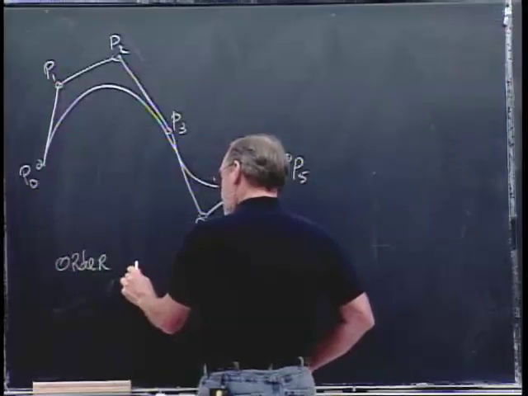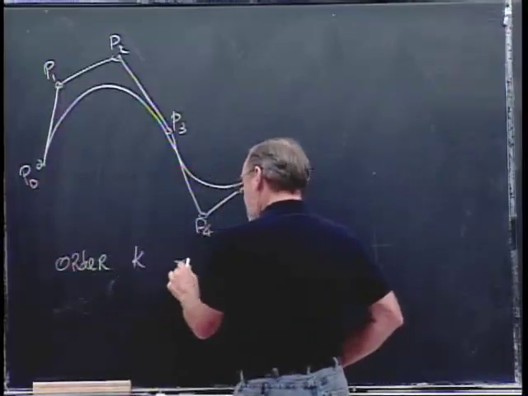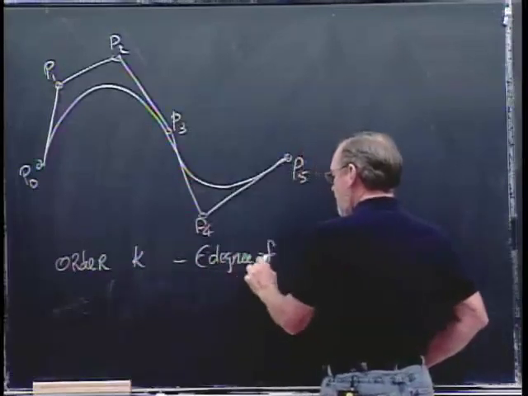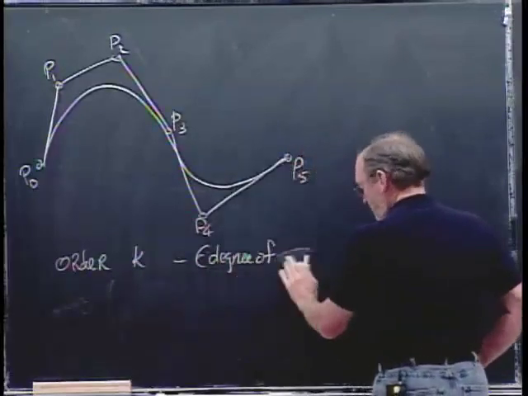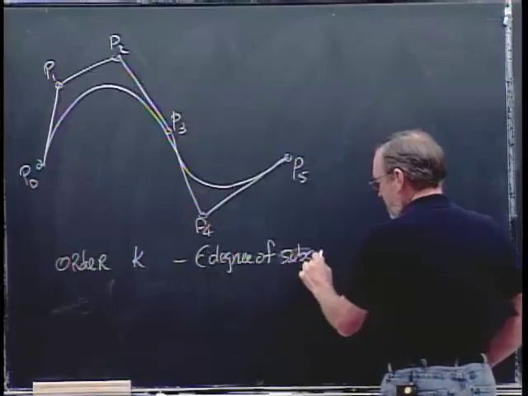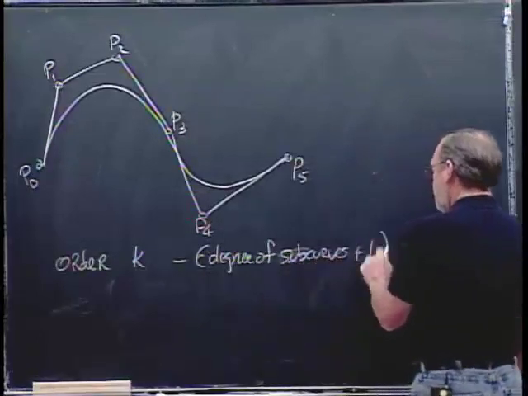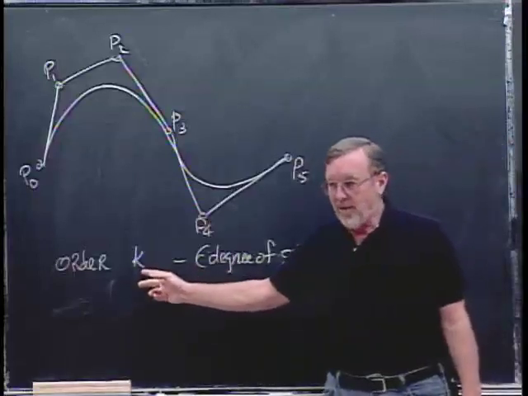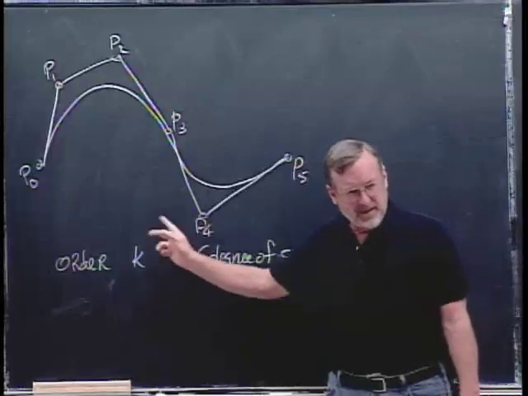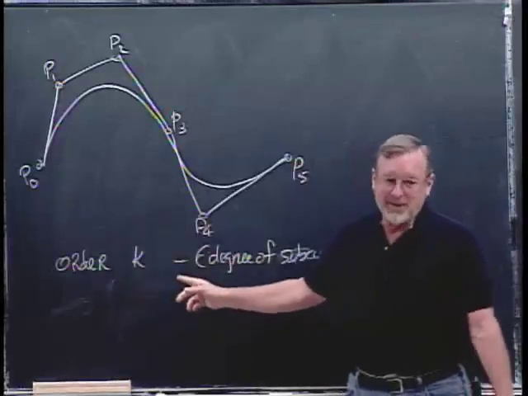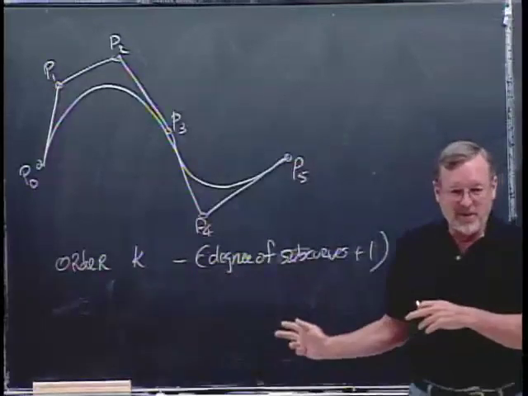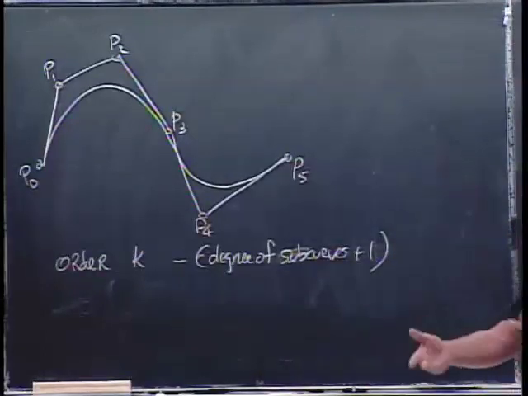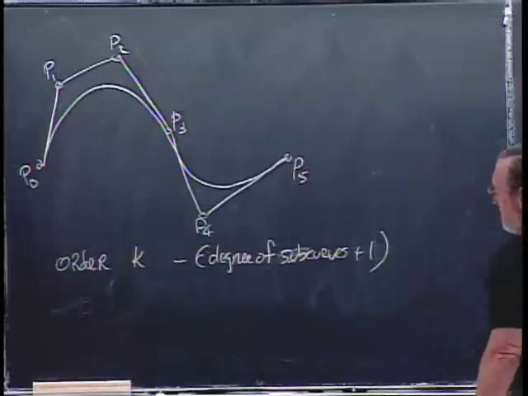And the order is the order K, and that is usually specified as the degree of the subcurves plus 1. Okay? So when we want cubics, we say order equal 4 here. It's a long story of why we specify 1 more than the degree, okay? Which you have to go back to 1946 to explain how the math started, okay? But this is what we specify.